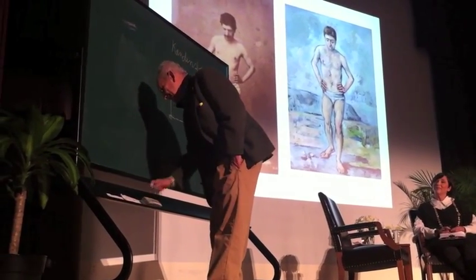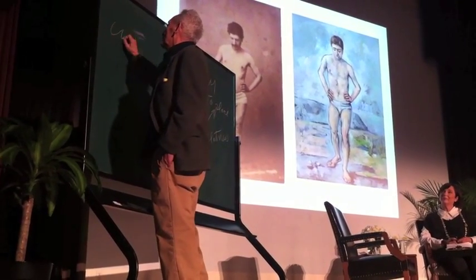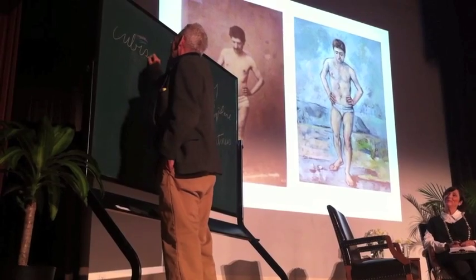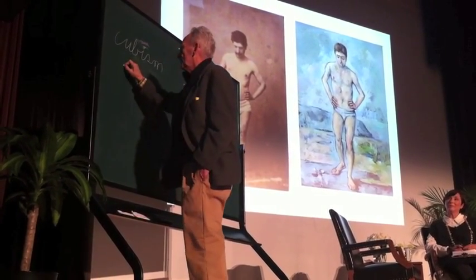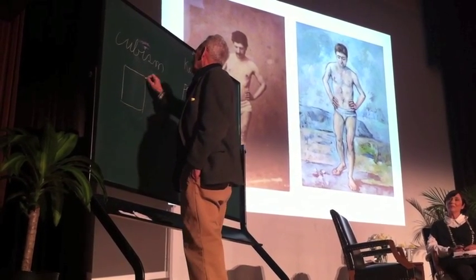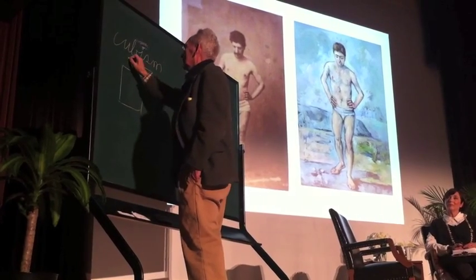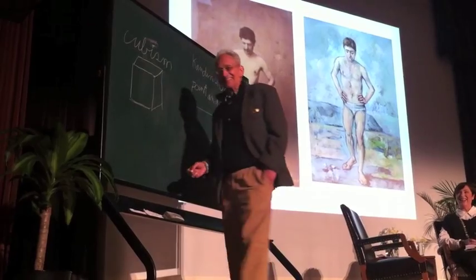Picasso takes up on Cézanne, and what you have is Cubism. And Cubism is really exactly what it says, but hardly ever seen that way. And don't laugh. It's a cube.